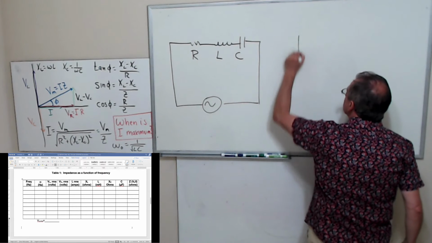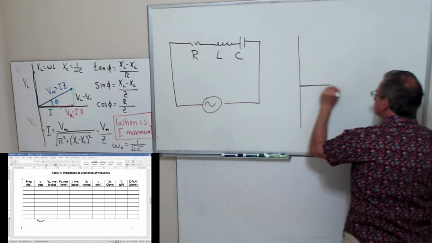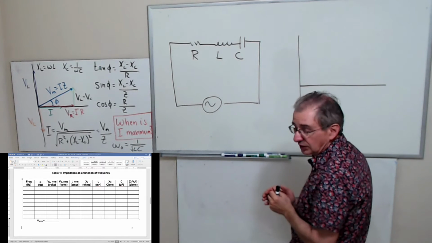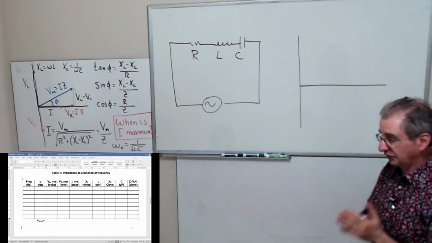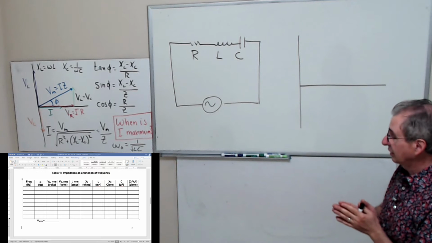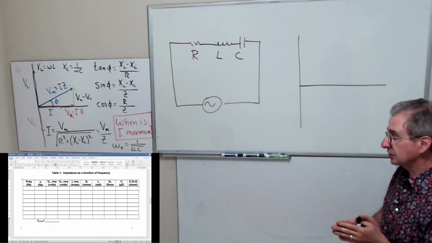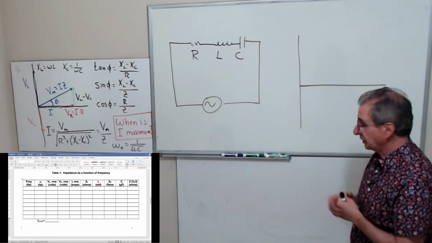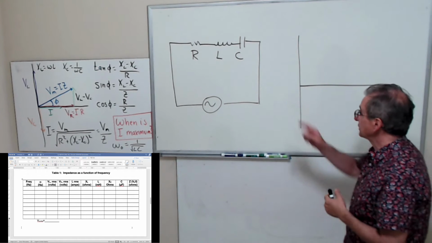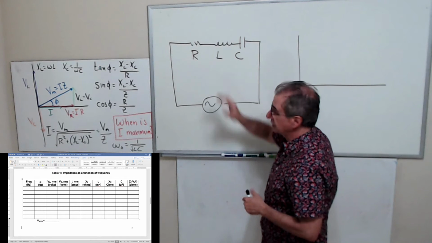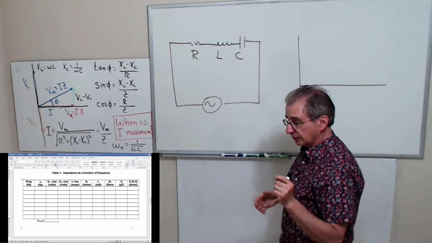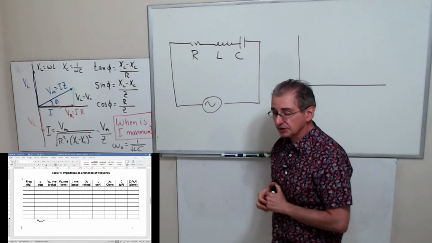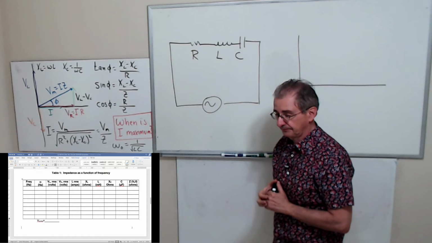So this circuit, one of the things I said is we can draw a phasor diagram to understand the behavior of the circuit. And if you think about it, there's not really a lot involved in drawing this picture using the phasors. I just need to recognize that since these three are in series, the current through each one of them will be the same.